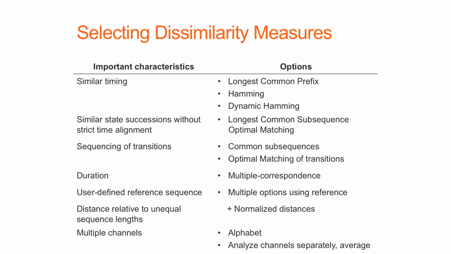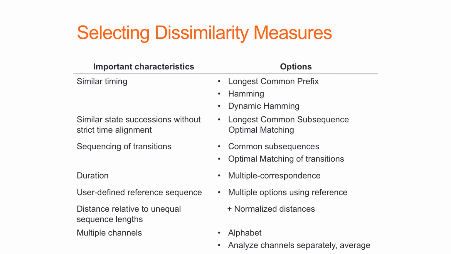If you have a reference sequence that you want to compare with everything else, many of these options can be used with a reference sequence to calculate a distance from that. If the sequences in the data set have unequal lengths and you want to normalize the distances, there are several ways to normalize distances after using some of the other methods to calculate distances.